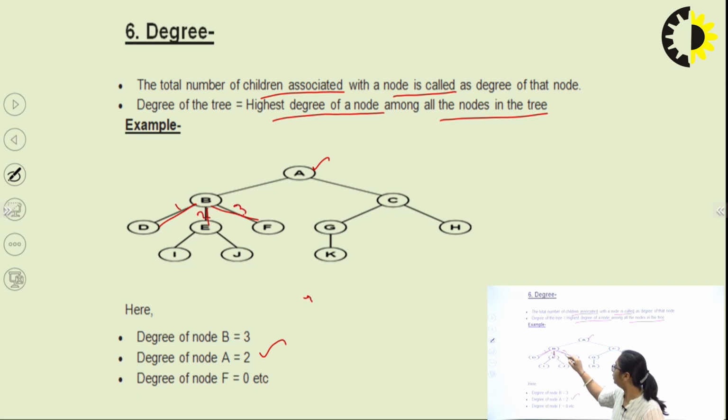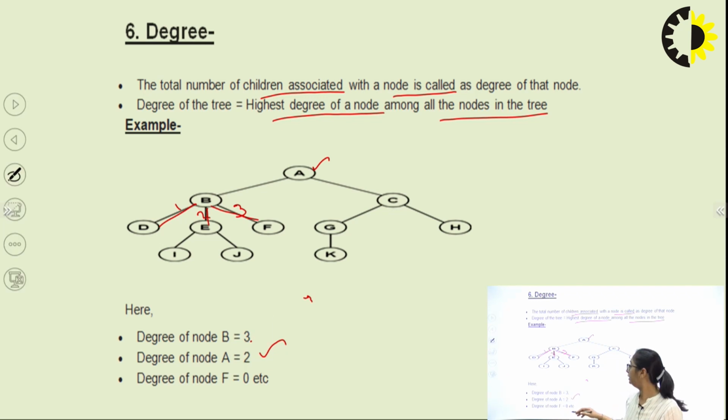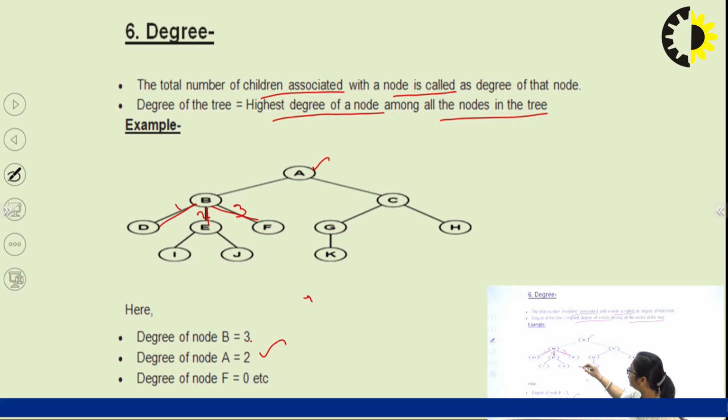So the degree of the node B is equal to 3. And the degree of node F, here no node is expanded, so there is no edge coming out of that node. So here the degree is 0, 0, 0 and 0.